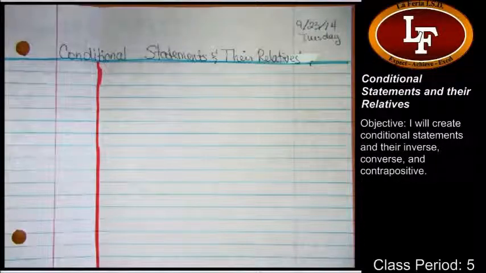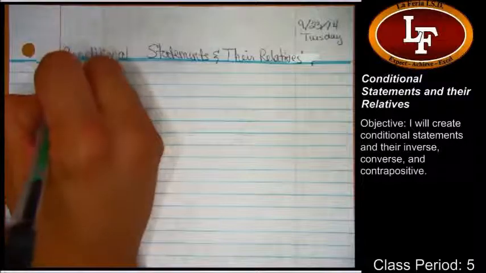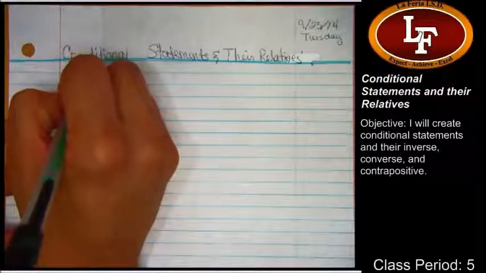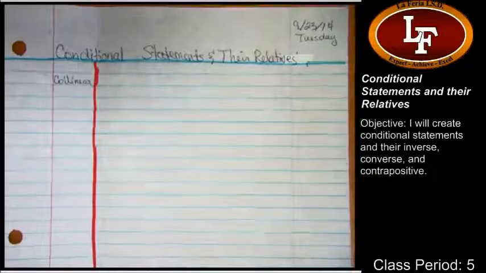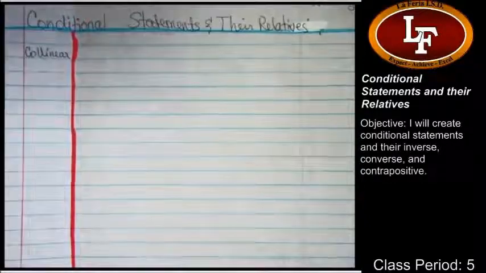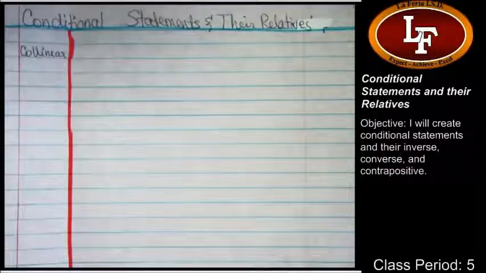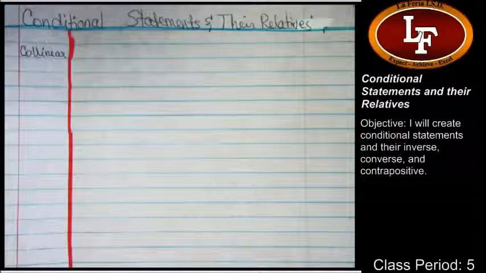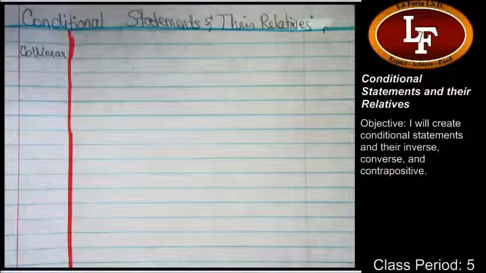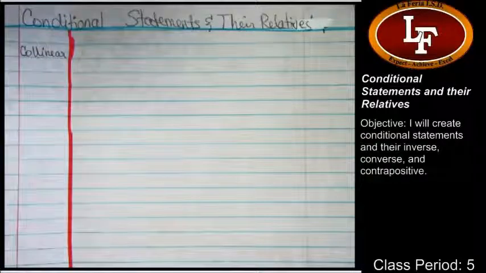Okay, so let's start with some definitions that we already know, and let's turn them into conditional if-then statements. Collinear. What does collinear mean? Yeah, on the same line. What are on the same line? Points. So points on the same line. That's the definition of collinear.